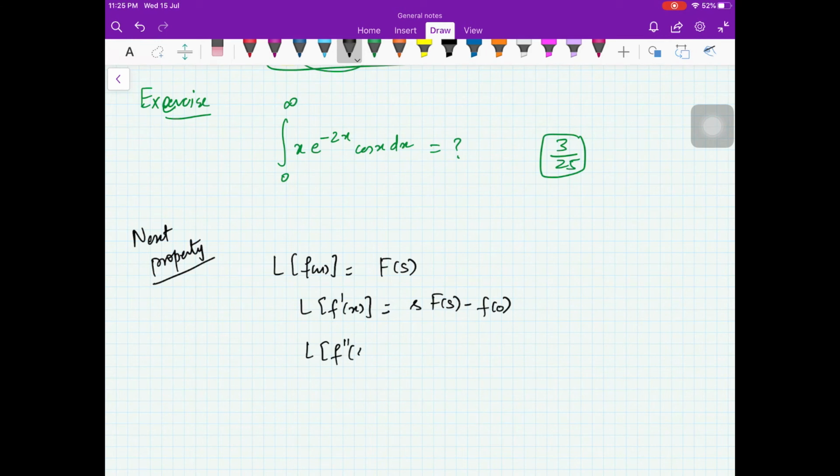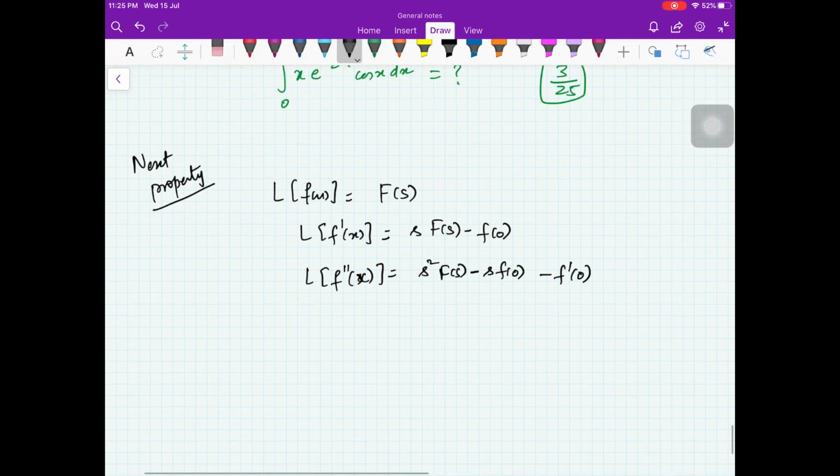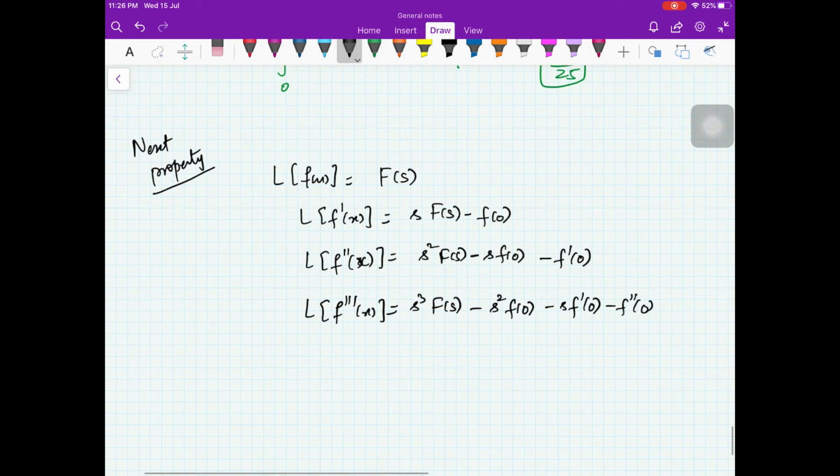And L of f double dash x will be s square into f of s minus s f of 0 minus f dash 0. And L of f triple dash x will be s cube f of s minus s square f of 0 minus s f dash 0 minus f double dash 0.